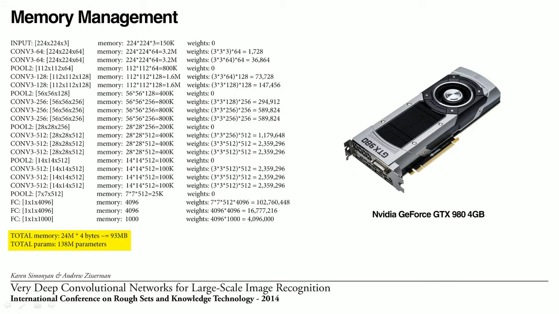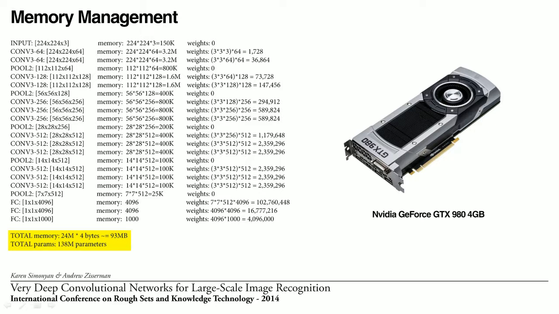And now assume we're using this GPU to train our model. This GPU has 4 GB of memory. So what would be a good number for the batch size? How many images can we fit into this GPU without running out of memory? Each image needs 100 megabytes, and you might think, okay, well, it's 4 GB, that's 4,000 MB, so we're looking at what, 40 images?